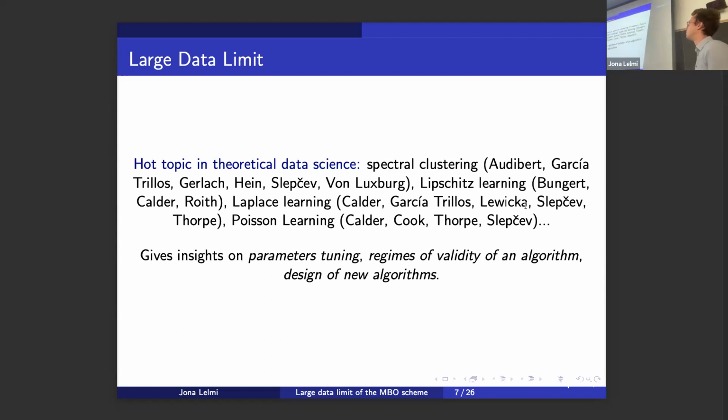This has been studied for spectral clustering, Lipschitz learning, Laplace learning, Poisson learning, and many other algorithms, especially graph-based. And this study, of course, is academic, but also sometimes it gives insights on parameter tuning, regimes of validity of an algorithm, and also maybe design of new algorithms.